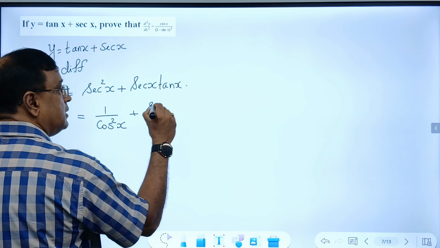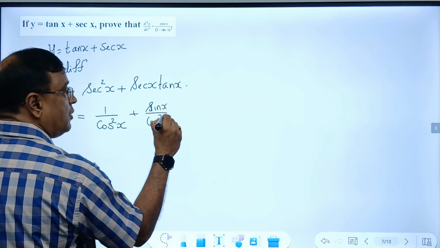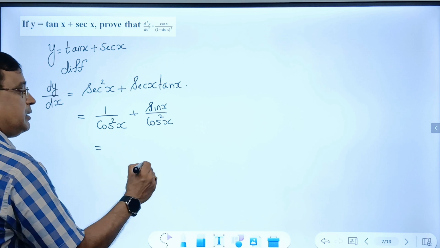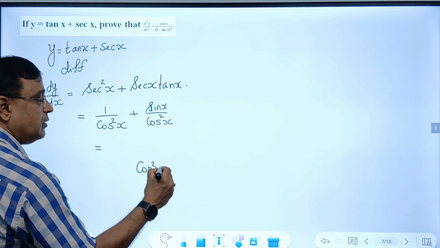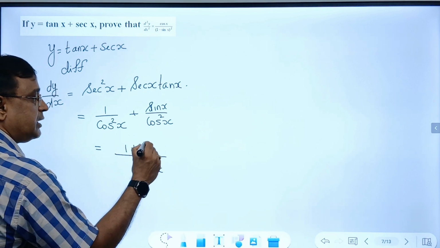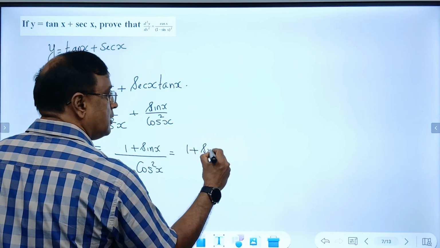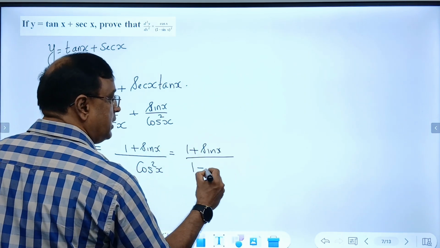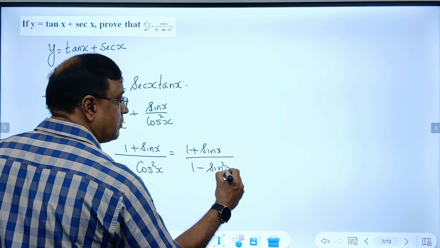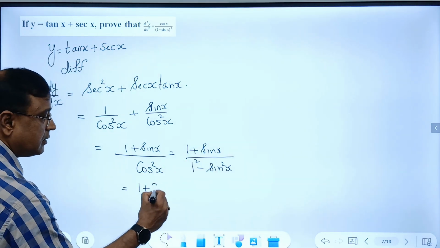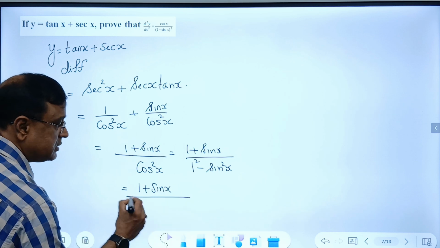Tan is sin x by cos x. So cos into cos becomes cos square. Now if I take the LCM, the LCM is cos square x. So I get 1 plus sin x. But clearly cos square x is 1 minus sin square x. So 1 square minus sin square can be written as, I am using a square minus b square.